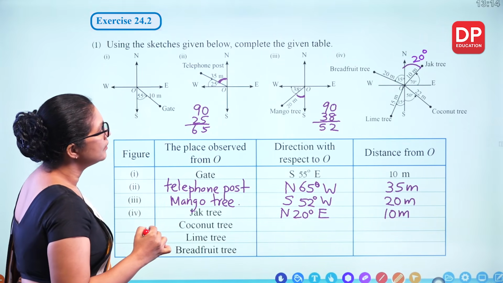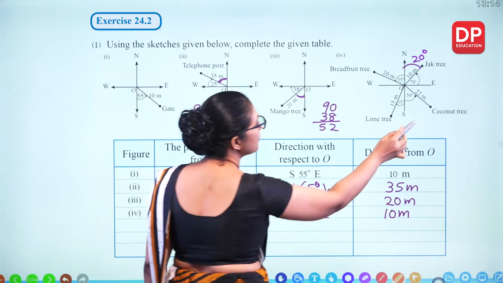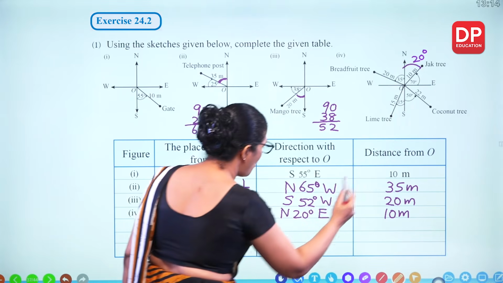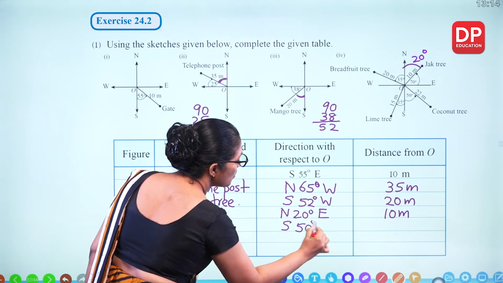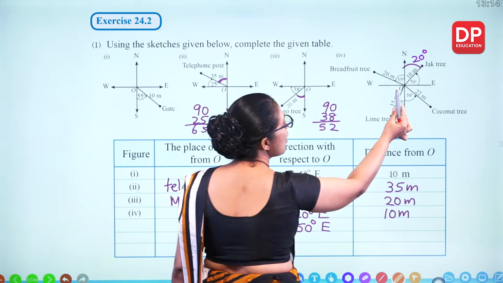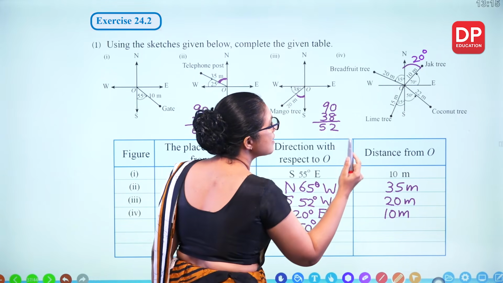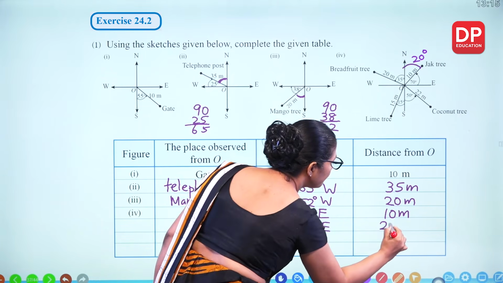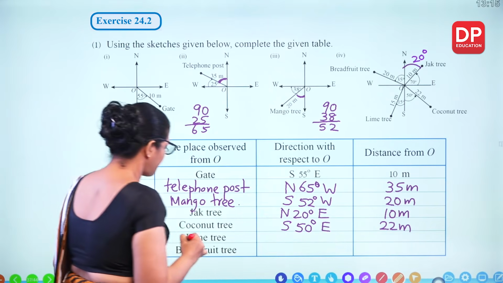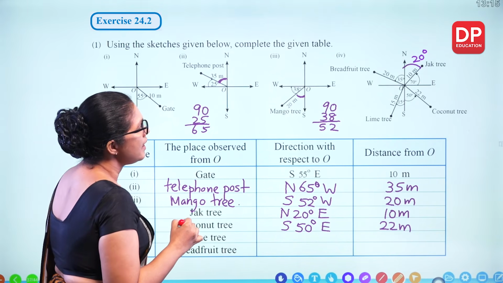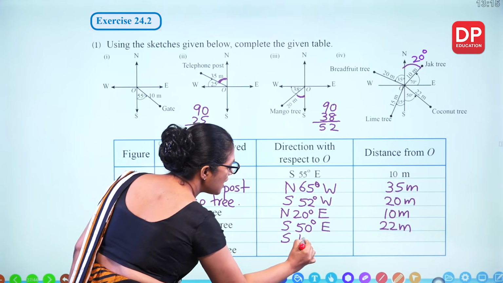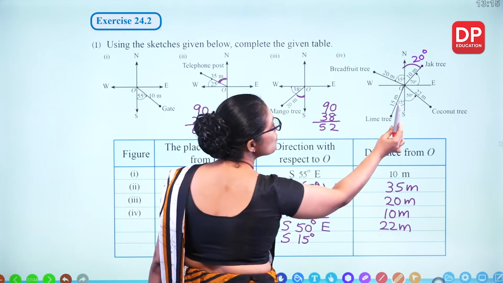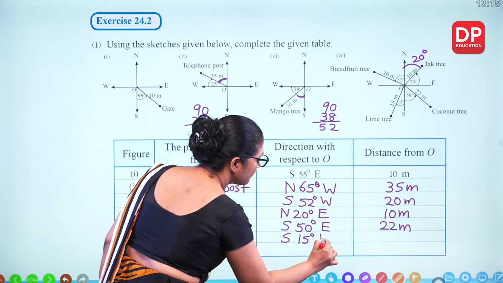Coconut tree, this one. From south 50 degrees towards east, 22 meters. Lime tree, from south 15 degrees, this one towards west.